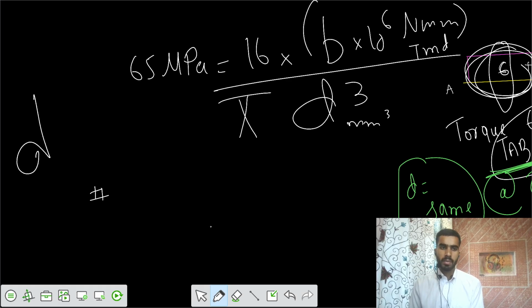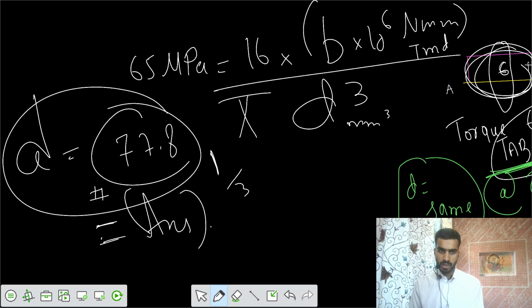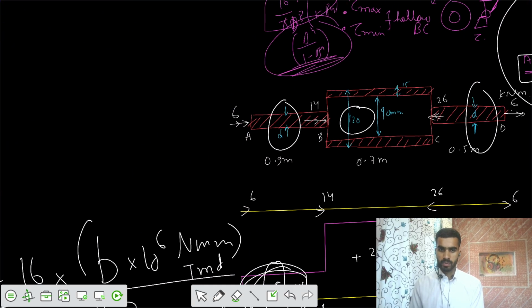So the diameter equals 77.8, that's the answer you get from the calculator after taking the one-third power. 77.8 millimeter. So this is 90, and this one is 77.8.